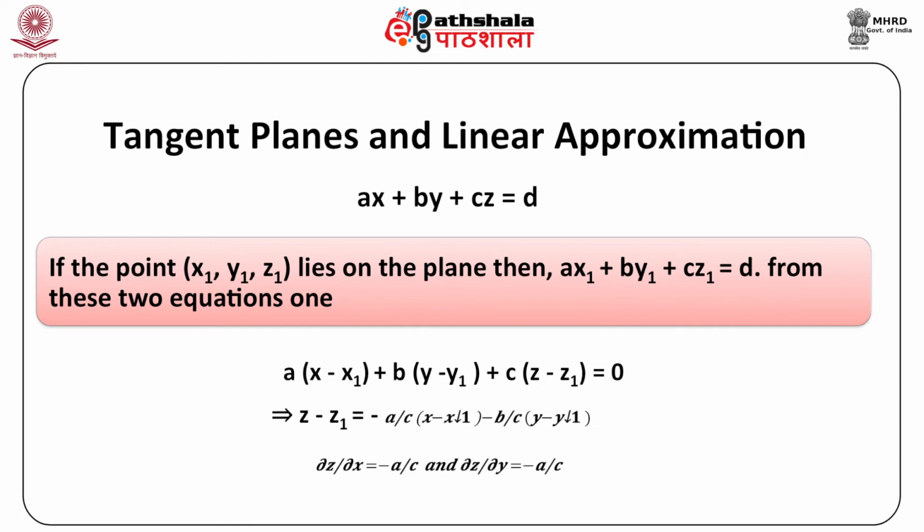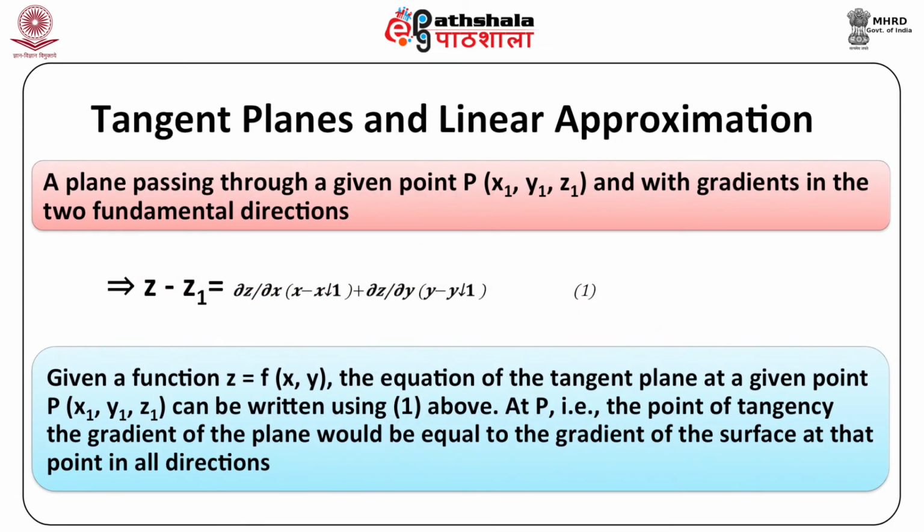Here del z by del x is equal to minus a by c and del z by del y is equal to minus b by c. Thus, a plane passing through a given point P(x1, y1, z1) and with gradients in the two fundamental directions can be written as z minus z1 is equal to (del z by del x)(x minus x1) plus (del z by del y)(y minus y1), equation 1.